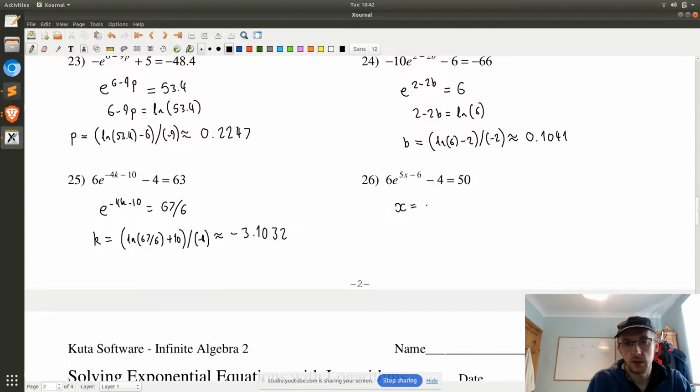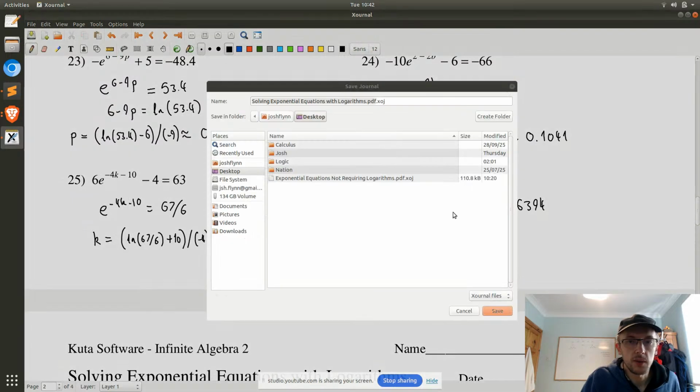So x equals ln 9 add 6 all over 5, which is 1.6394. And we're in agreement. Okay, wonderful. So that's all handled well.